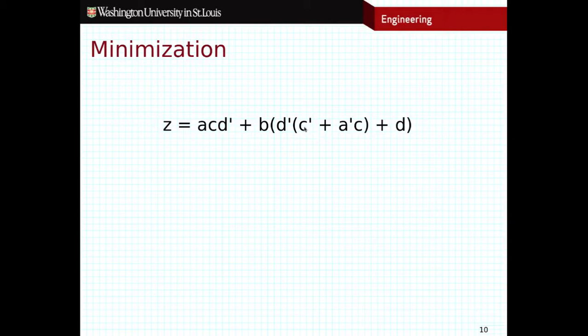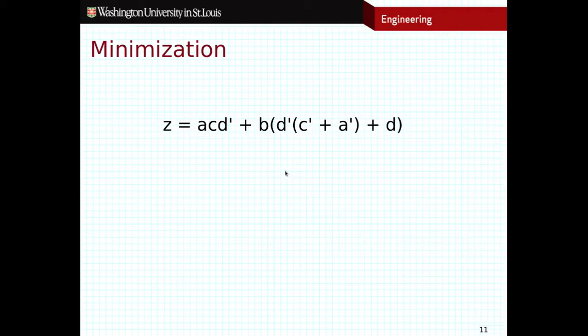Whenever I see an input and its opposite ANDed with something else, like I see here, I can actually remove the input from this particular case. So C naught or A naught and C is actually equivalent to the same expression with the C removed. And so in this particular case, I can just remove that C, as we see here.